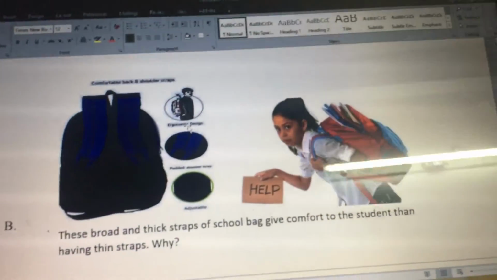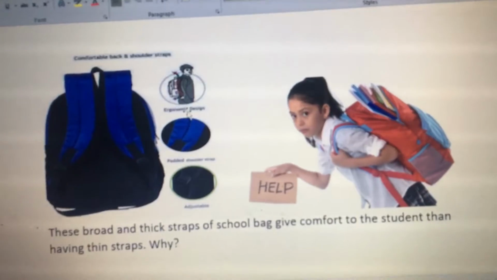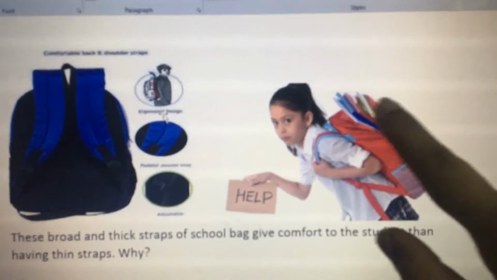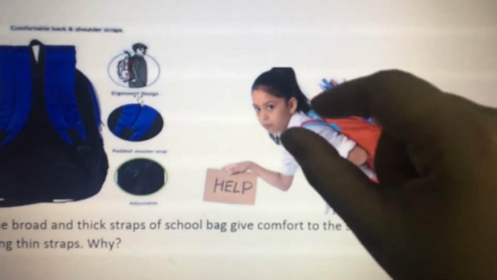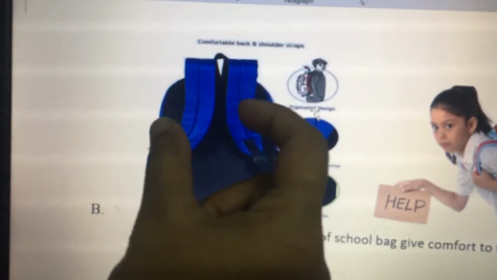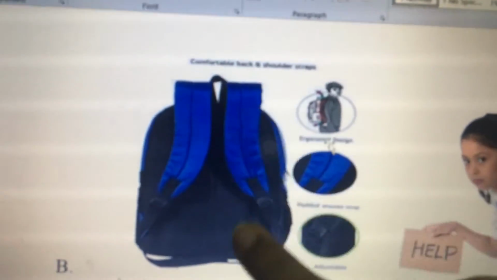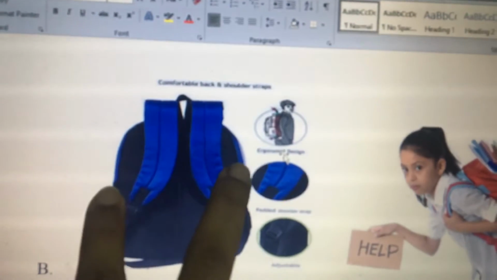I'll explain this example because school bags you will be able to relate to very easily, right? There's a girl here who is wanting help because she's struggling with the strap with all these heavy books. Why? Because the strap is very thin, the area is very small, but here the strap is very broad. As the area is more, the pressure on your shoulder will be less. The force falling on your shoulder will be less because the area is more.